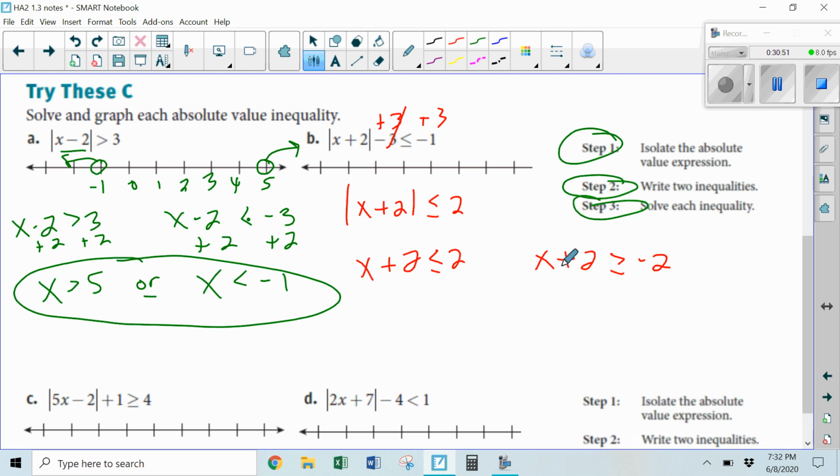Now that I've written these, solve them each separately. I have my 2 answers. Let's take a look at how they look on the graph.